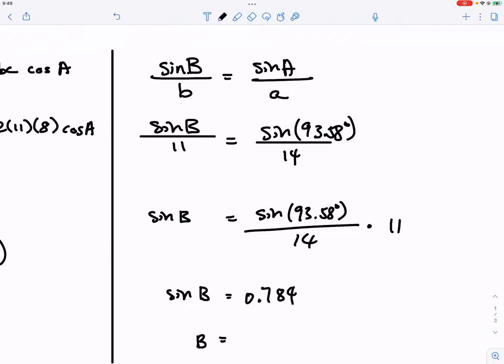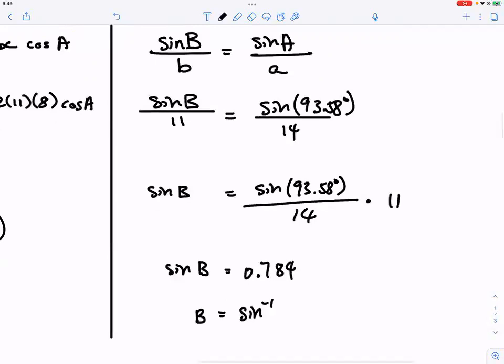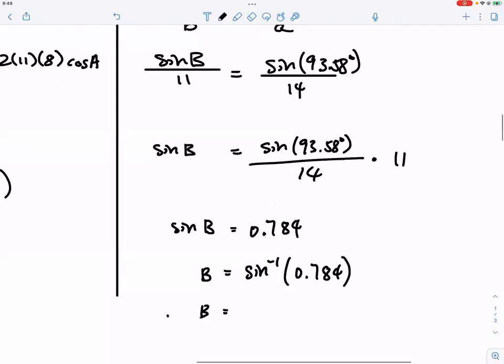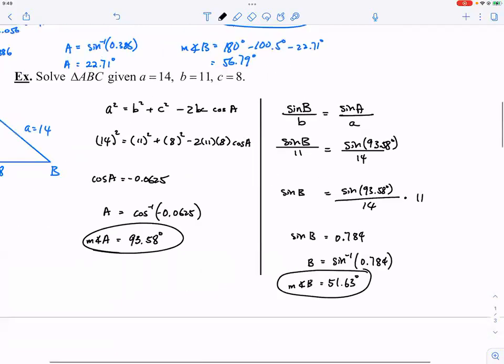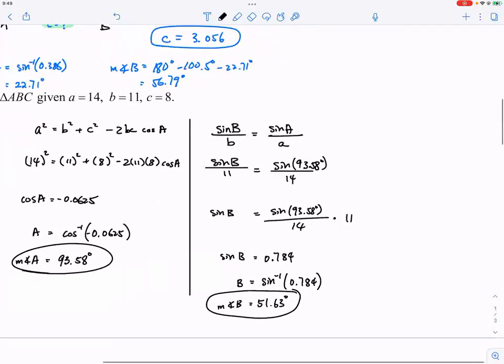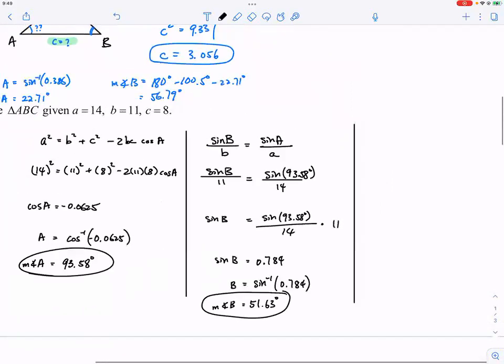And then to find what that is, we do the inverse sine of 0.784. And you have the measurement of angle B being 51.63 degrees. Okay, that's B.